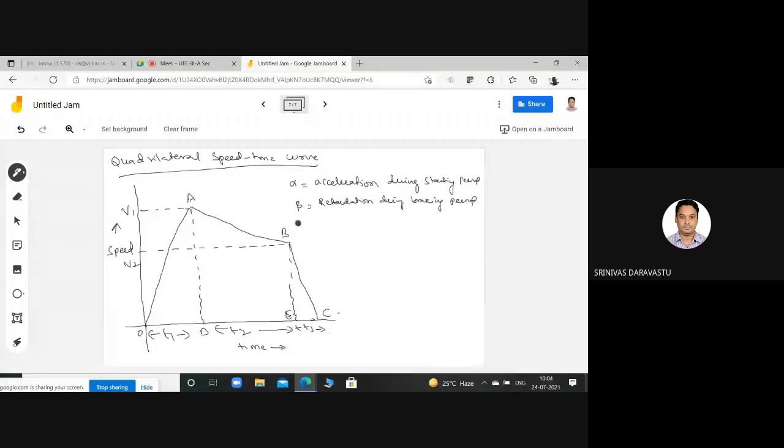Beta C is the coasting retardation, or retardation during the coasting period. Now V1 is the maximum speed.